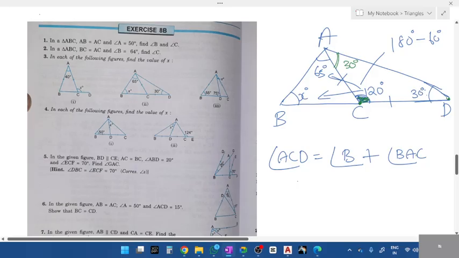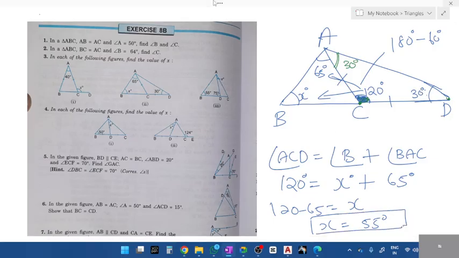From the second triangle we are entering into the first. You can start with the exterior angle concept. Exterior angle ACD is 120 degrees, equal to angle B, which is x, plus BAC, which is 65. Therefore, x is equal to 120 minus 65. x is equal to 55 degrees.